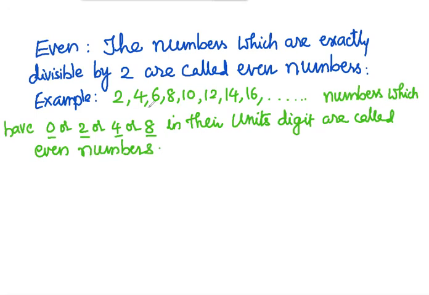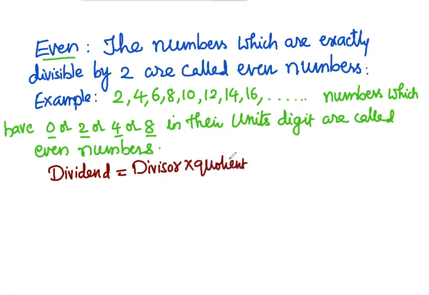So let us understand the pattern of the even numbers. What is the pattern here? Before understanding this pattern, we can understand the division algorithm. Dividend is equal to divisor into quotient plus remainder.